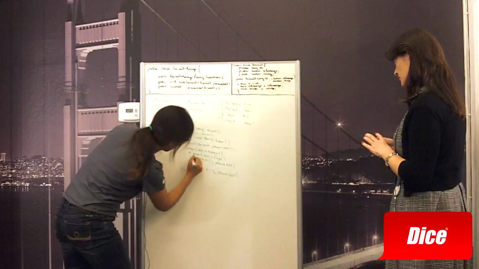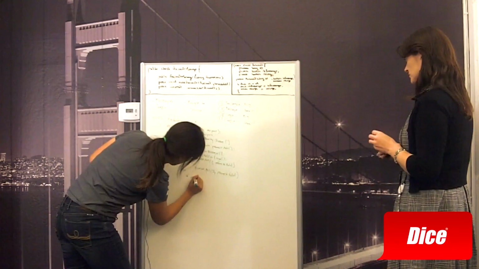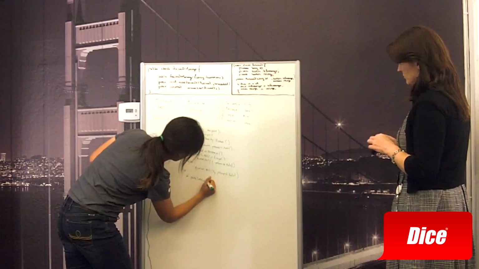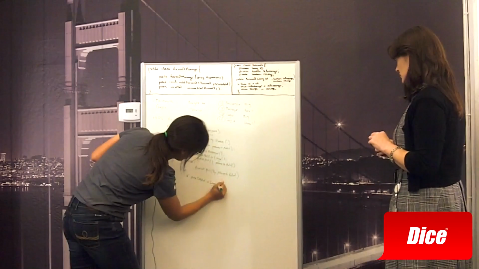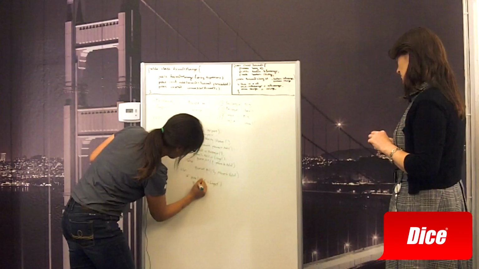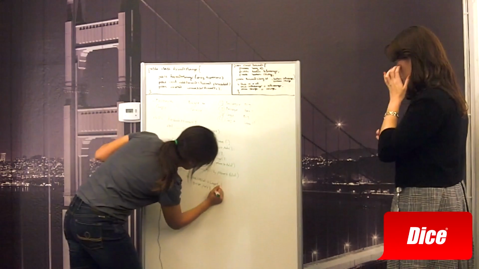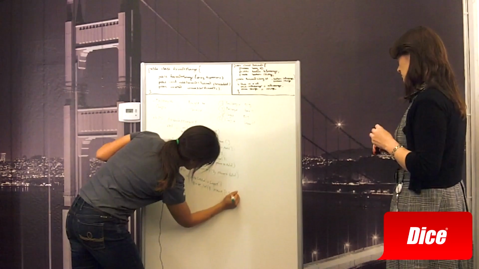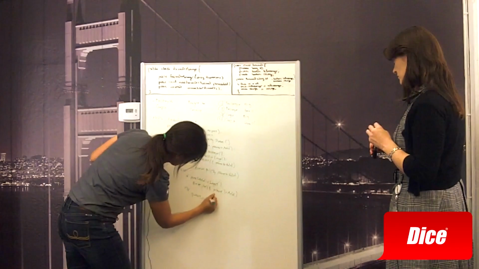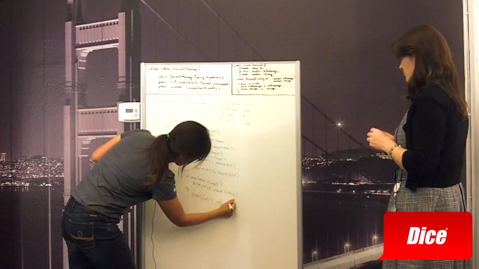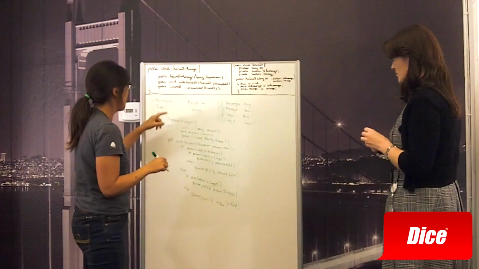Then if plane to add is large, Q put 3, plane to add. Else, Q put 4, plane to add. Okay, and so that's how I'm going to add each aircraft.